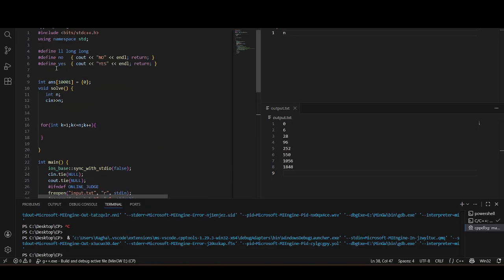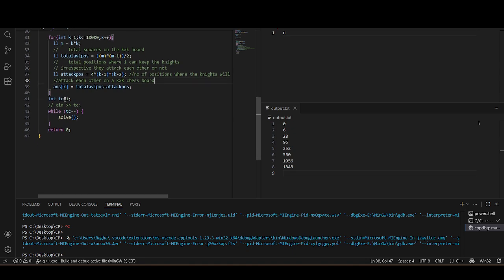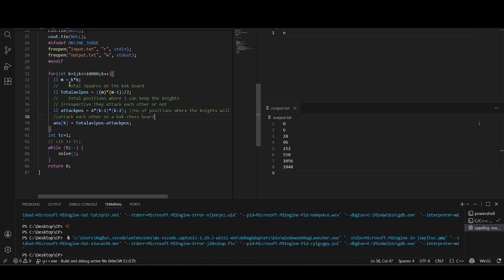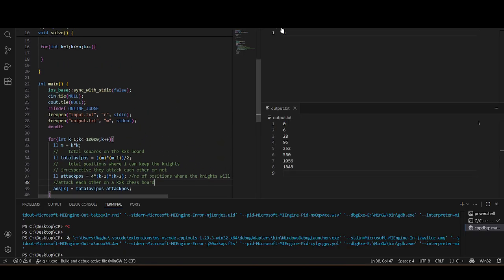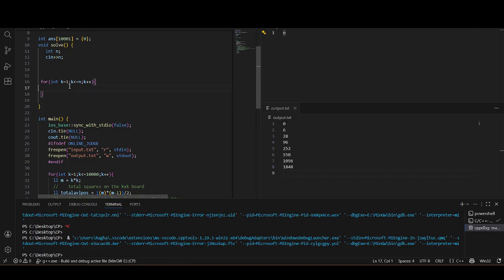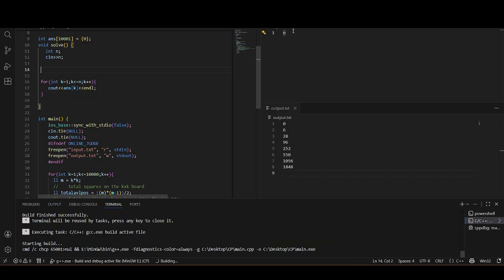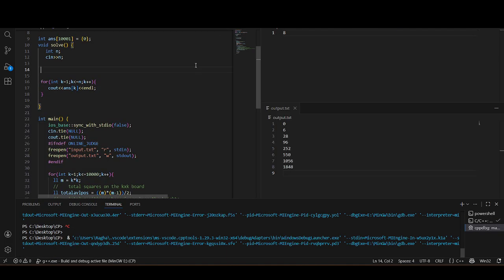Now what we have done is pre-computed all the values, and whatever input is given, we can just cout answer of k. So it must be 8 here.